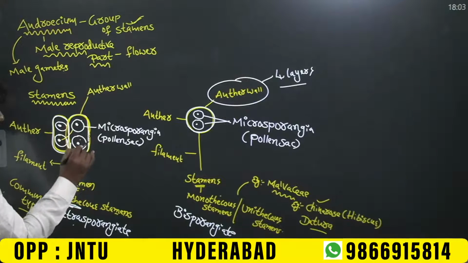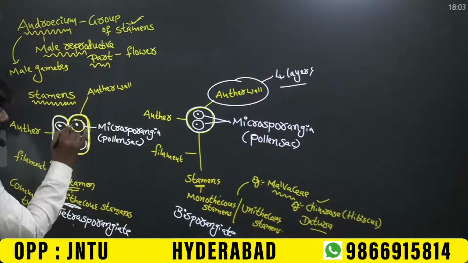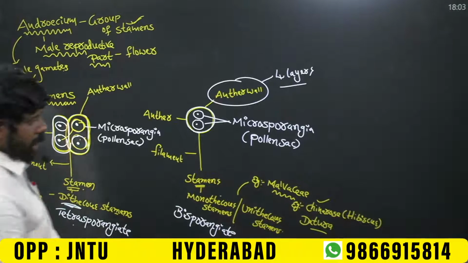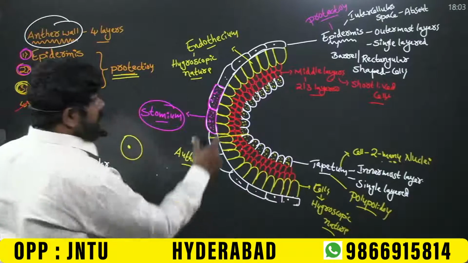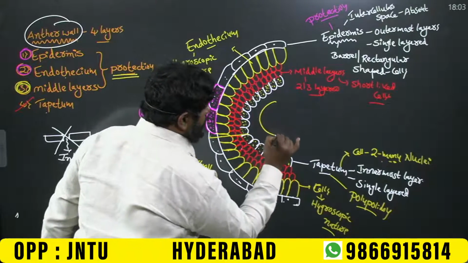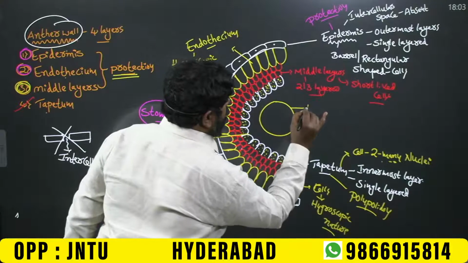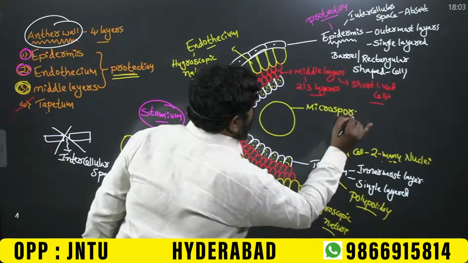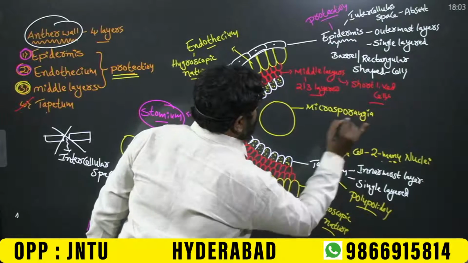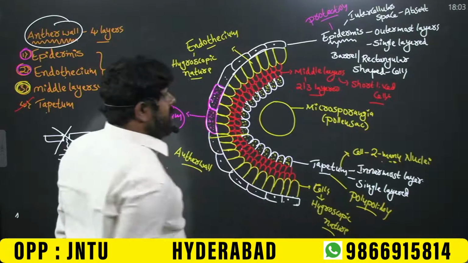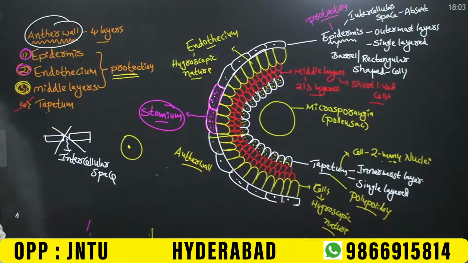Now we have discussed the anther wall. Inside the anther wall, which one is present? Inside the anther wall, the spherical body present is called the microsporangium, which is also called the pollen sac.